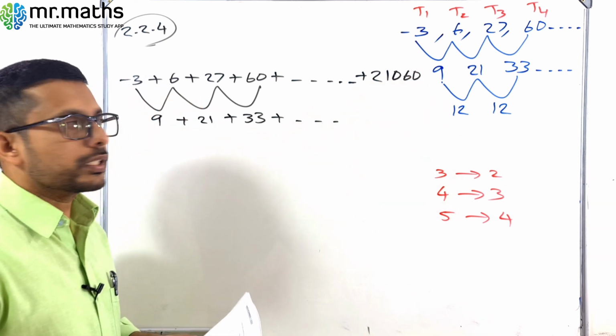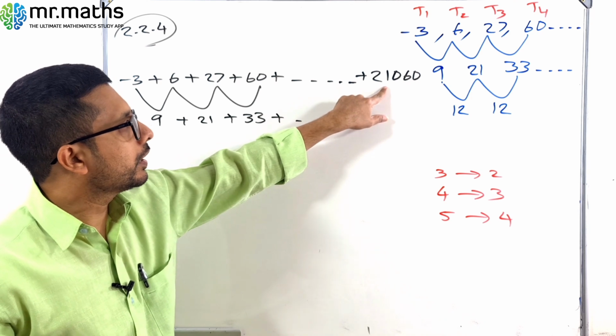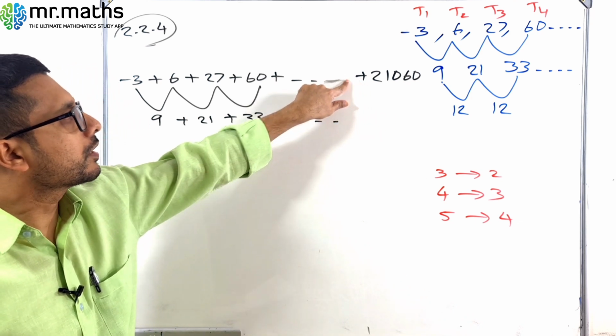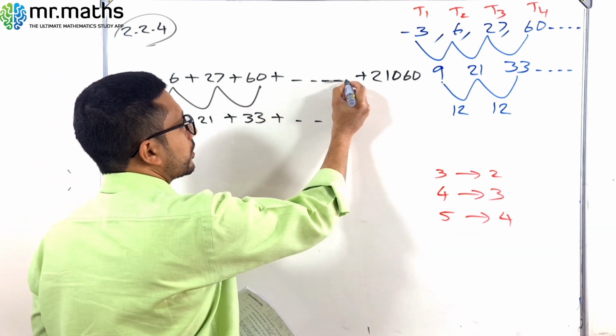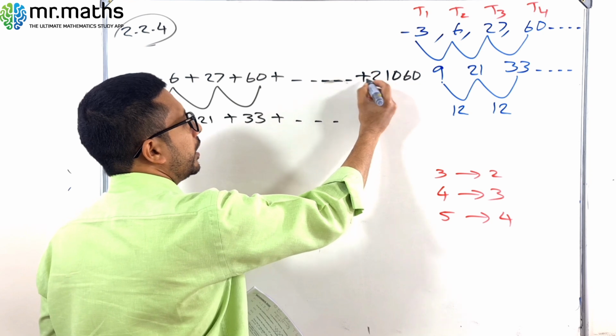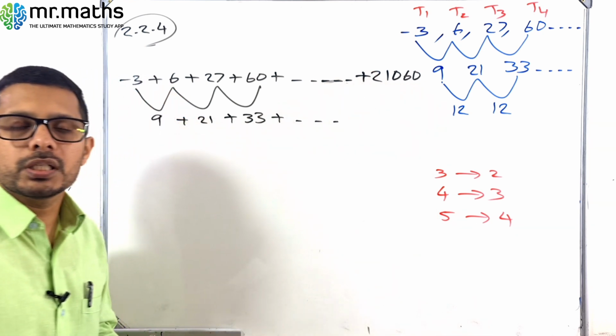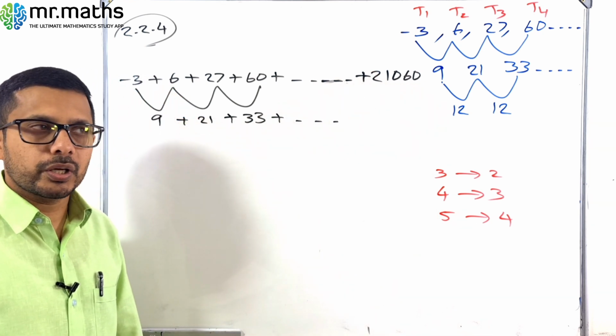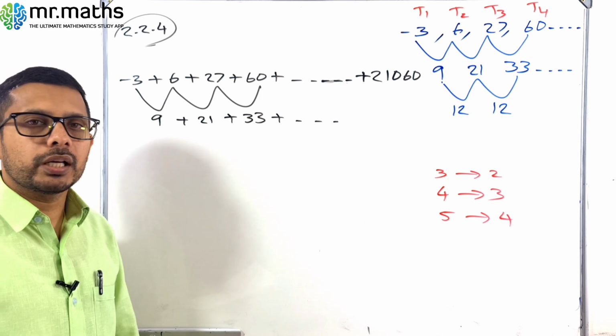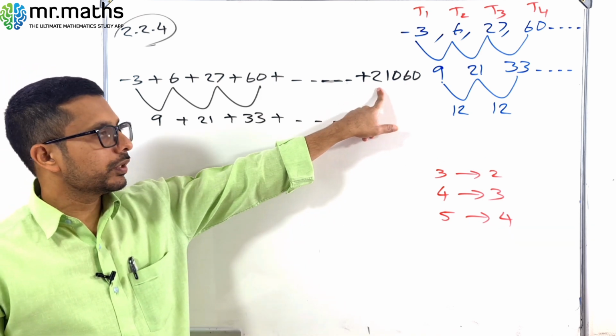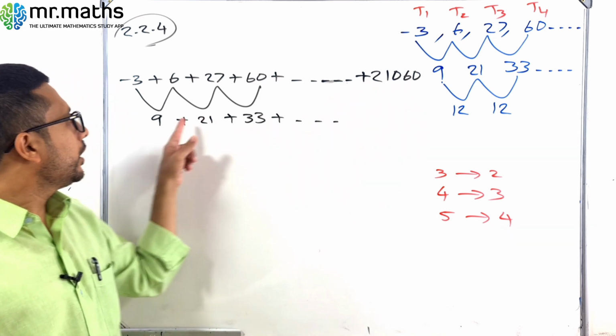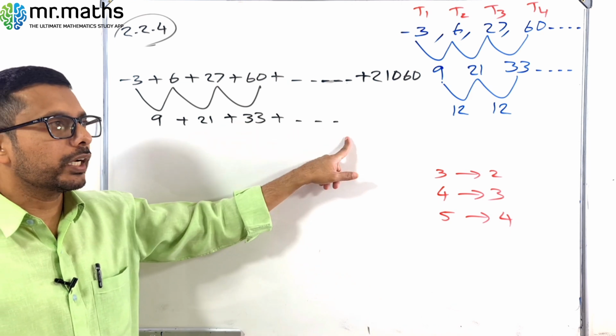You understand? Somewhere here there is etc, plus, and there is a value 21,060. And you have to write, to get that 21,060, how many numbers must be added?